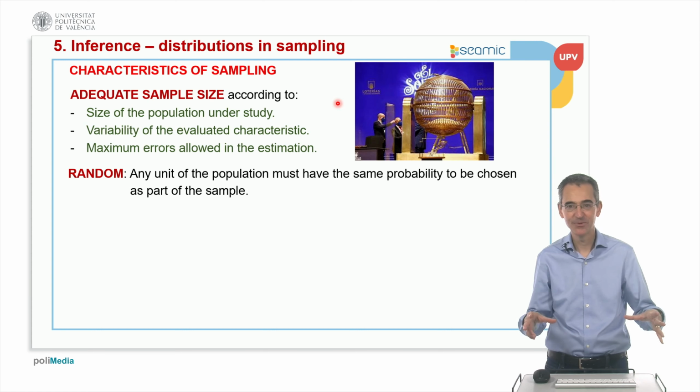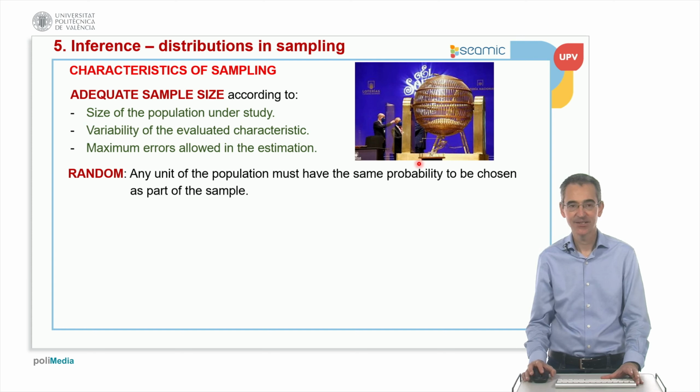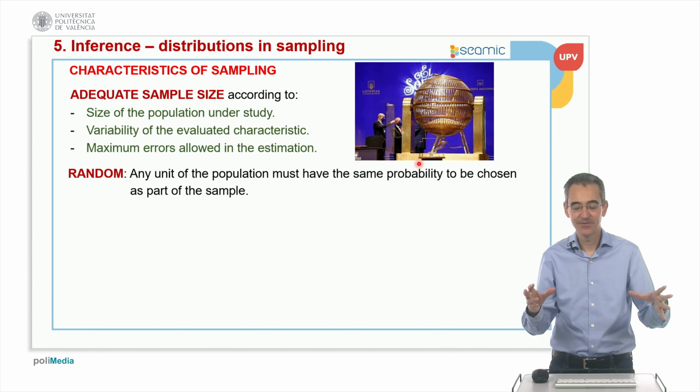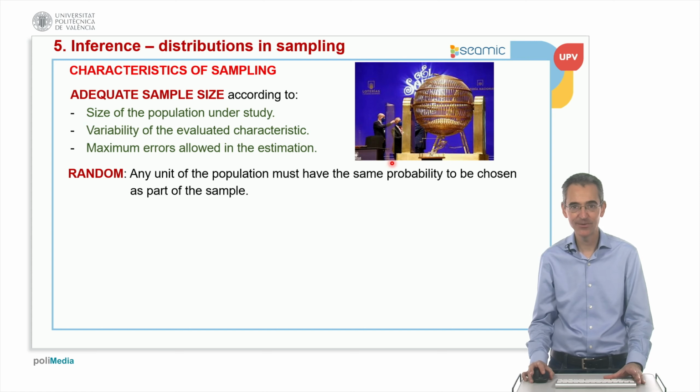Inside we put a lot of small balls, the sphere goes round, and then some balls are extracted. This is the most typical example of the case where all the individuals of the population have exactly the same probability to be chosen.